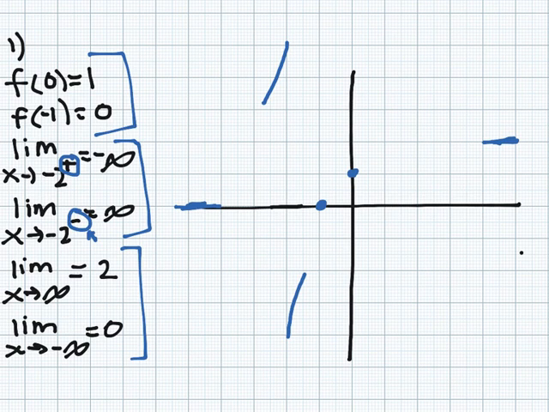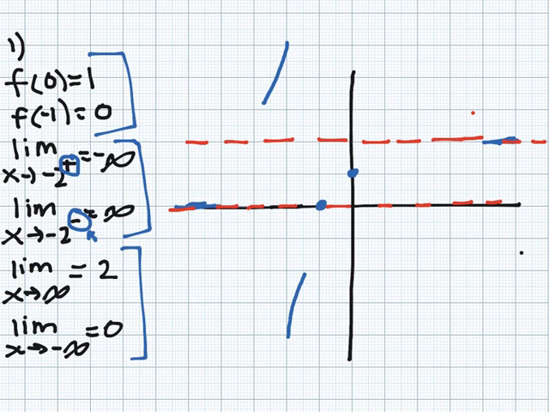So first what we can do is we can label our vertical and horizontal asymptotes. So we'll have a horizontal asymptote right here, because as x approaches infinity, we're going to get closer to 2, and we're also going to have a horizontal asymptote right here, because as x approaches negative infinity, we're going to get closer to 0.